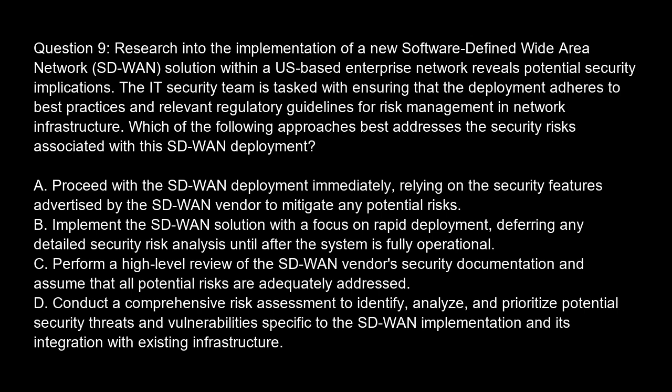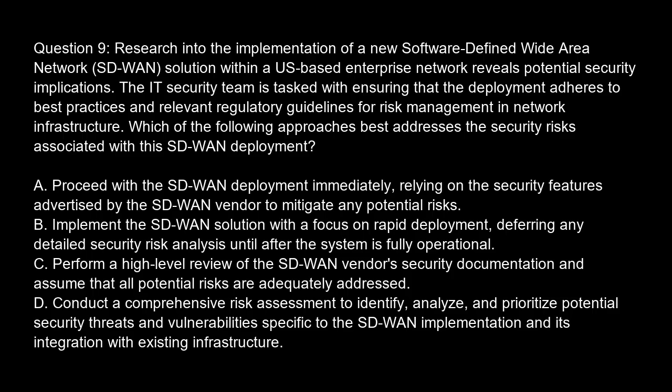Option A. Proceed with the SD-WAN deployment immediately, relying on the security features advertised by the SD-WAN vendor to mitigate any potential risks. Option B. Implement the SD-WAN solution with a focus on rapid deployment, deferring any detailed security risk analysis until after the system is fully operational.